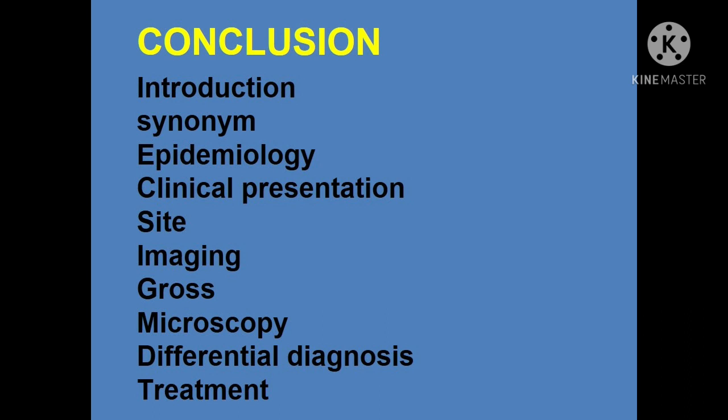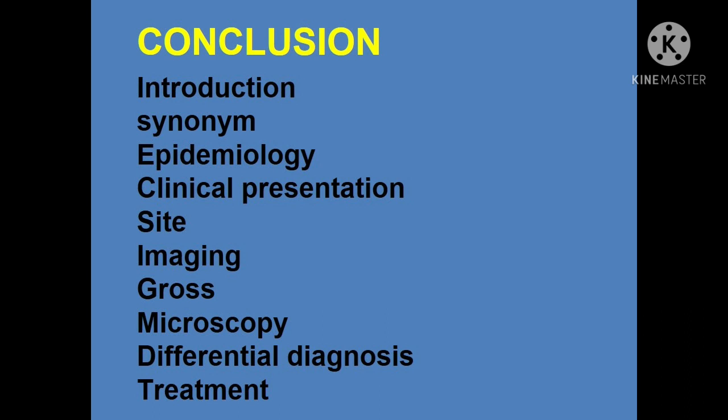Next, coming to clinical presentation, for any tumor you will write local swelling, pain, and as we are discussing bone tumor, you can write restricted mobility and joint effusions, neurological abnormalities, etc. Coming to site, the long bones, lower end of femur and upper end of tibia are the commonest sites.